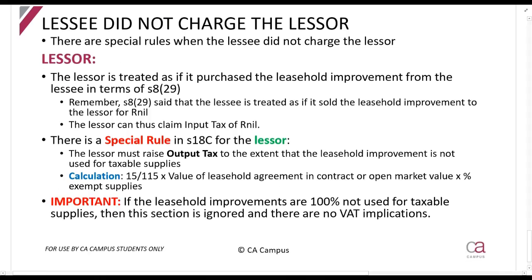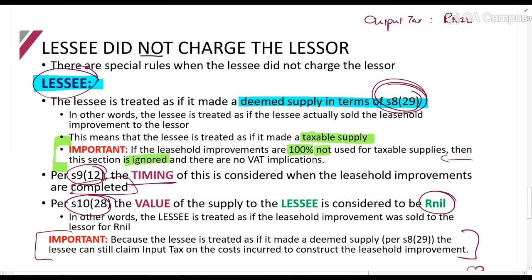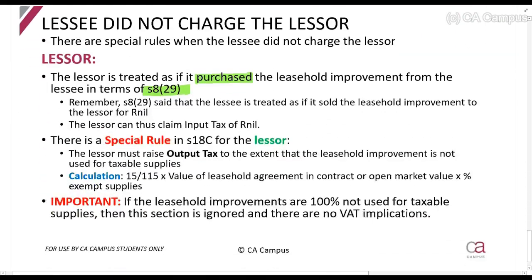So the lessor is first of all treated as if it purchased the leasehold improvement from the lessee in terms of Section 829. But Section 829 goes to Section 1028, which says it's treated as sold for nil. So the lessor is treated as if they purchased it for nil rand, so they can claim input tax of nil. But now there's a special rule. Section 18C says the lessor will pay output tax if they did not use it for taxable supplies.